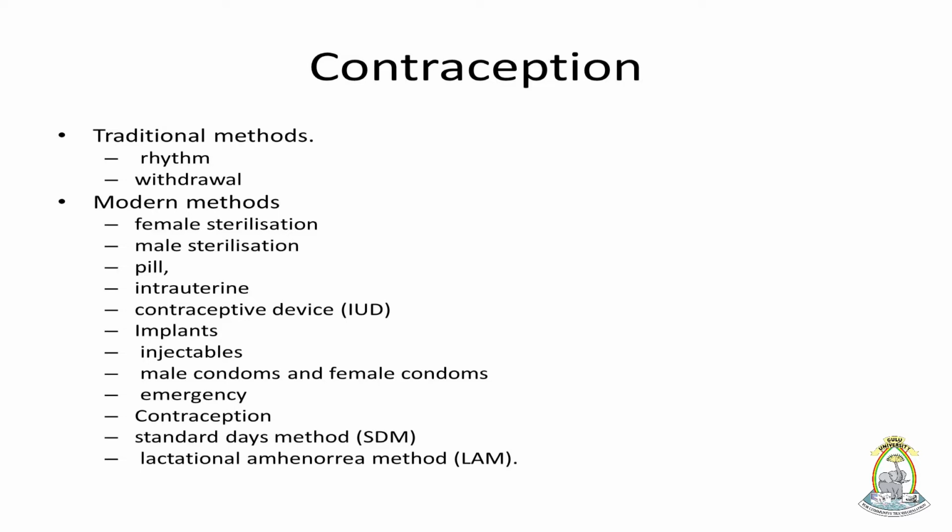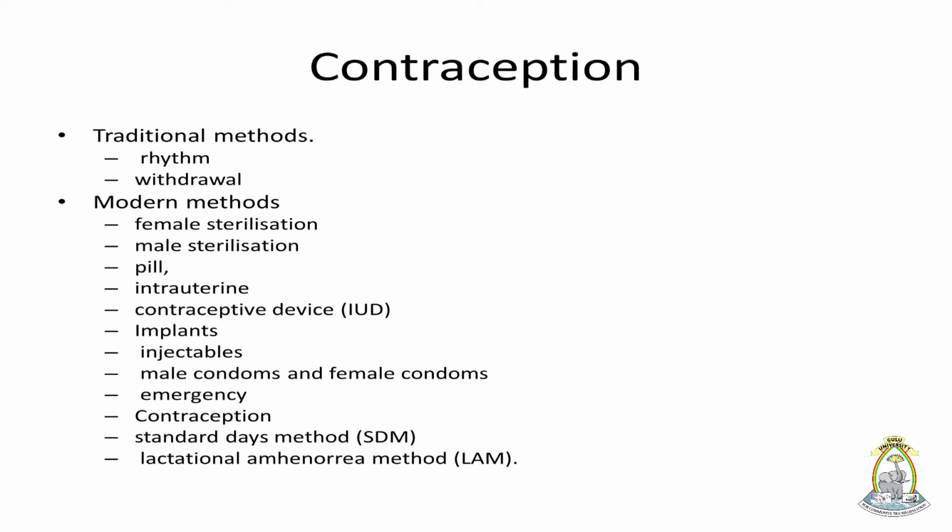The modern methods are many, and this is what I think you need to understand. Much as you need to understand the traditional methods, you need to understand each of these modern methods and how they function, the mechanism of action. We have female and male sterilization. We have the oral contraceptive pills, both progesterone-only and the combined oral contraceptive pills.